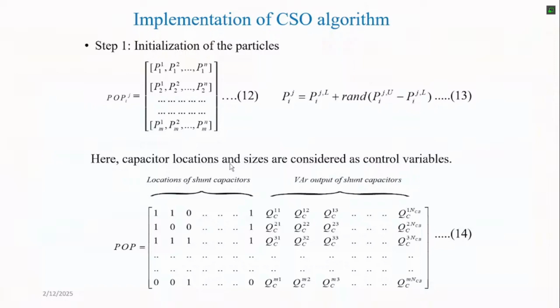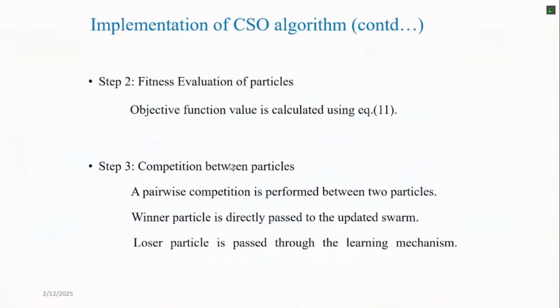In this way we identify the location for the capacitor bank, and its corresponding output is determined based on whatever capacitor sizes are available in the market. Based on that we have determined the capacitor bank size. So this is a kind of mixed integer problem.